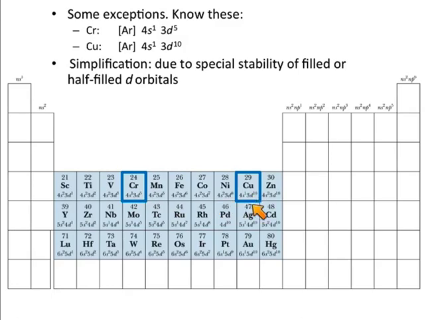The same is true with copper. Filling it all the way is better than having 2 in the 4s. But if you look at nickel, filling d all the way is not better than only having 0 in the 4s, so there's kind of a limit to that. But that, again, is something that hopefully you covered in the first semester of Gen Chem. If not, just know that exception and you're fine.